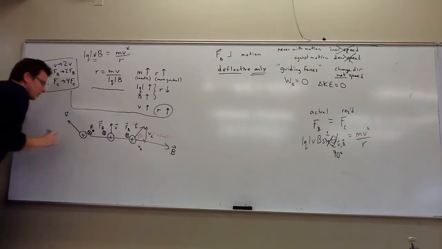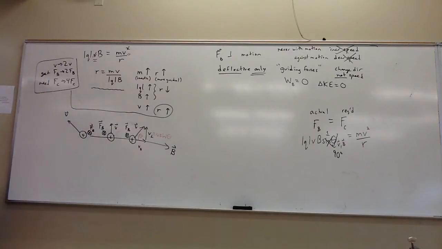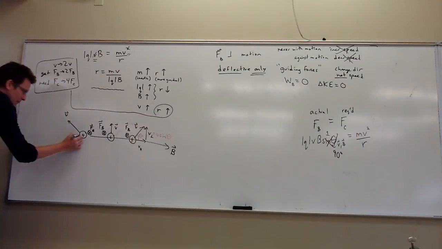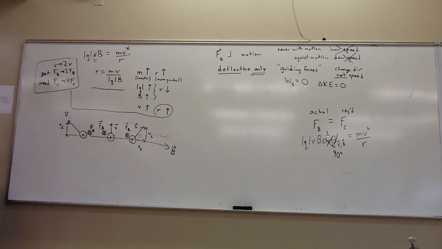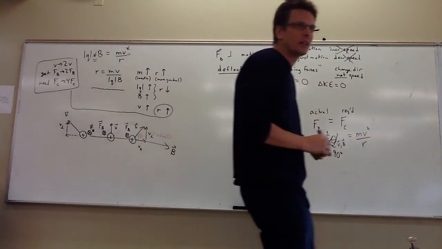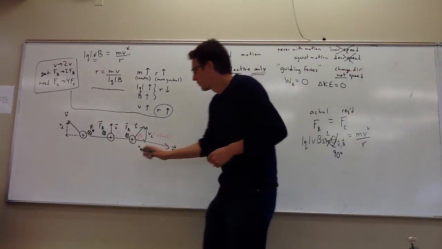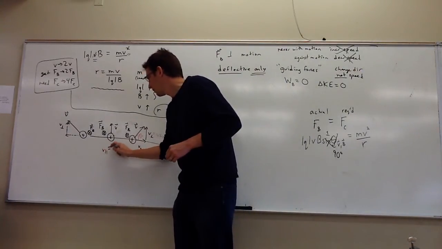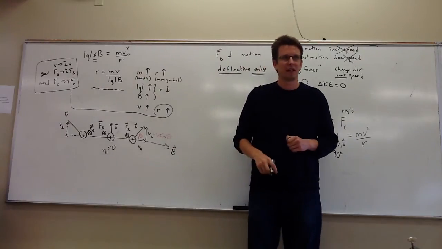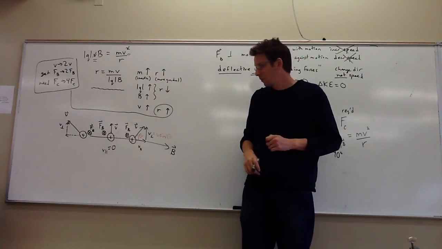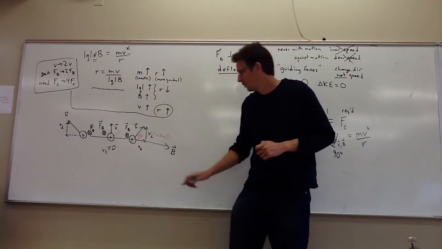And of course, the reason the forces are the same in all three of these cases is because the part that matters, which is V perpendicular, is pointing exactly the same way in all three cases. The only thing that's different is that in this one, V parallel is nothing. There is no component of the velocity that's with or against the field.